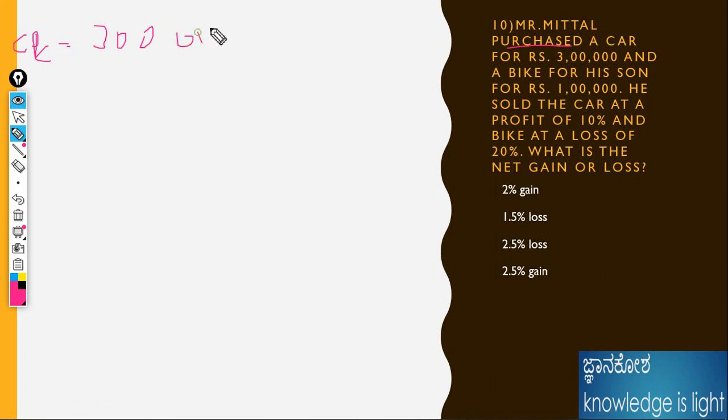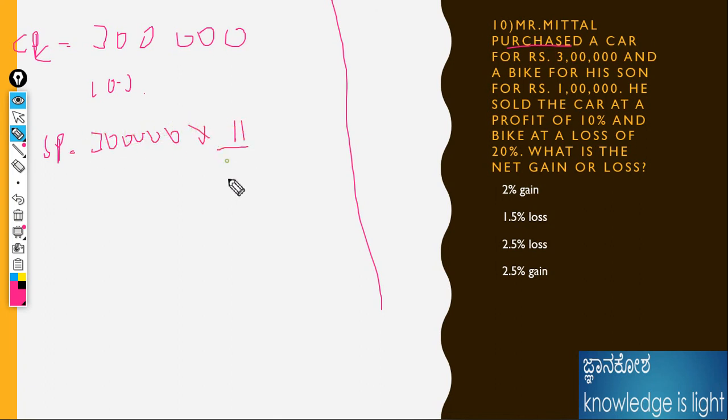I will separate the car and the bike. For the car there is 10% profit. What is the selling price? 3 lakh, and 10% means 11 by 10, so 3 lakh 30,000 should be coming.